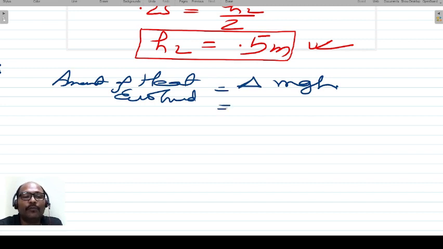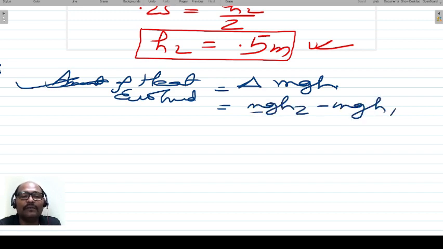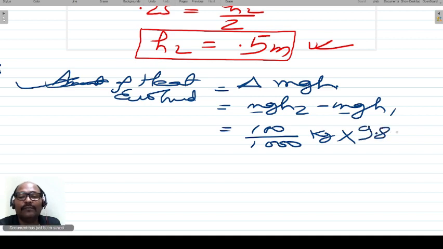The difference of both potential energies leads to the generation of heat. So this will be mgh2 minus mgh1. The mass of the ball is 100 gram, so we divide by 1000 to convert it into kg, times g, taken as 9.8 meter per second squared, times h2 minus h1.